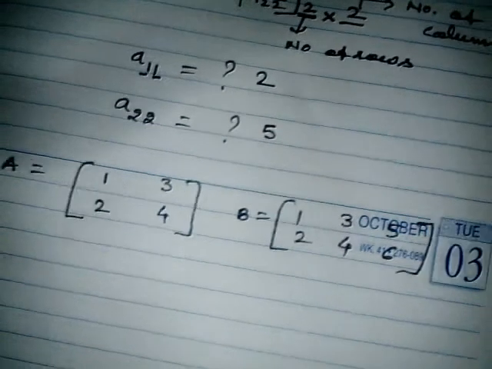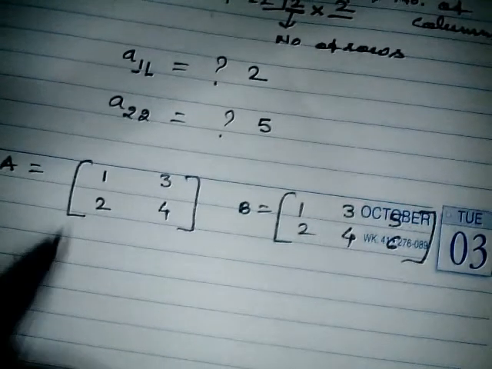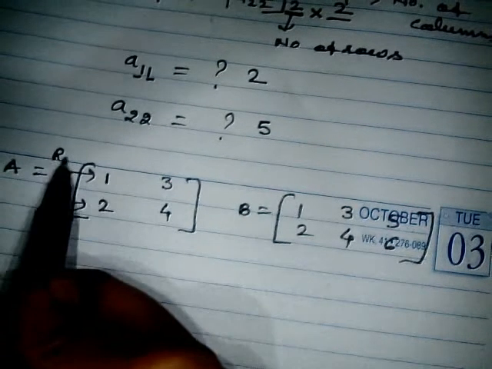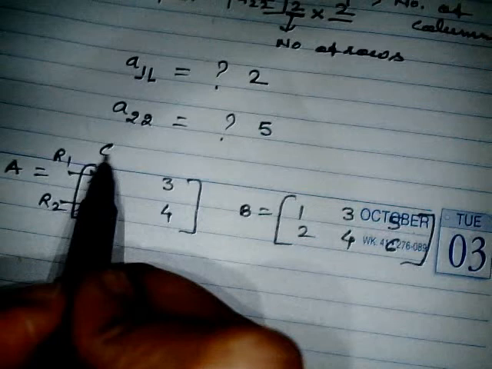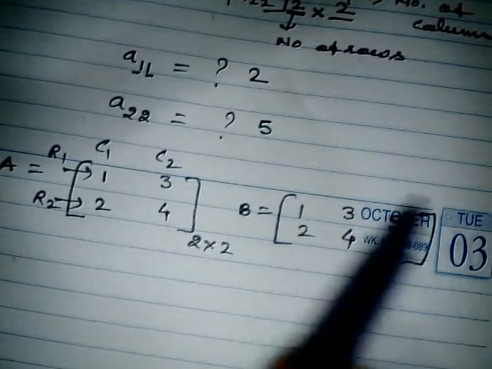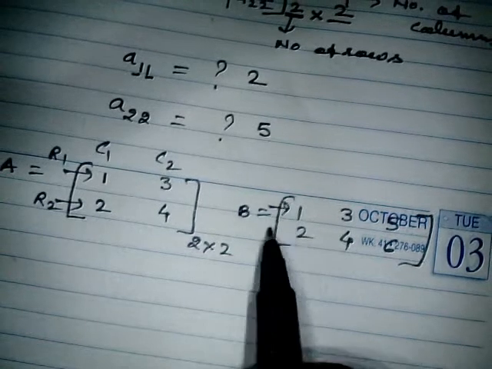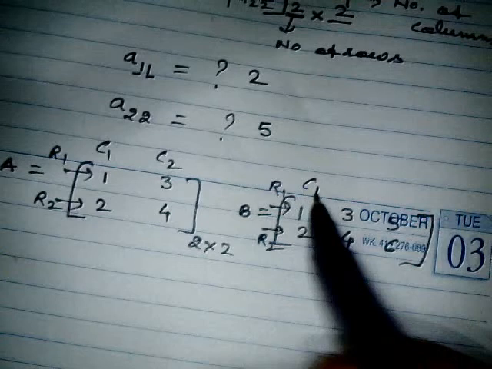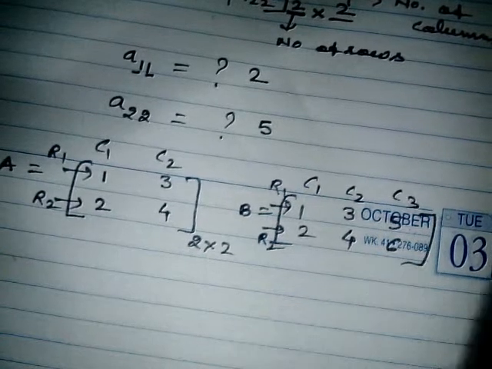There are 2 rows, R1, R2, and C1 and C2. So this matrix order is 2 by 2. What is the order of the second matrix? This matrix has 2 rows, R1, R2, and C1, C2 and C3. So 2 by 3. This matrix has 2 rows and 3 columns.